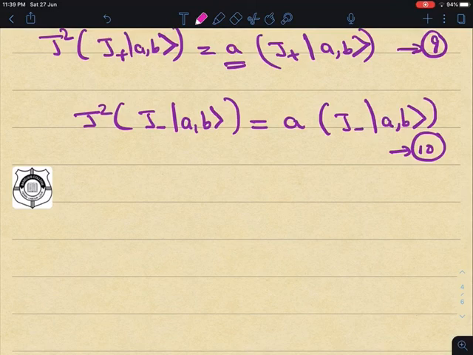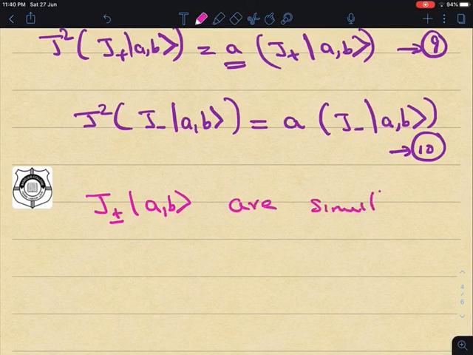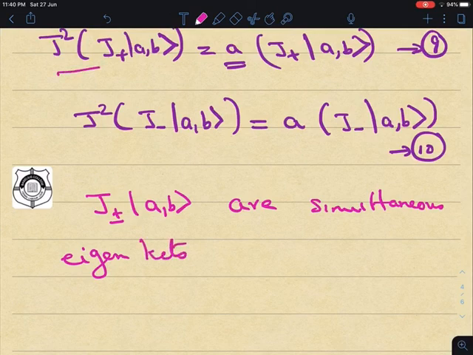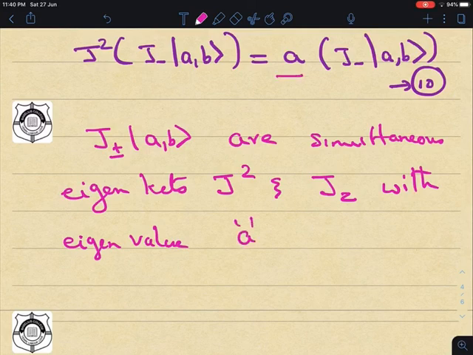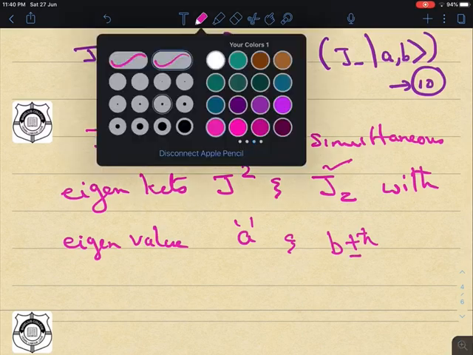To summarize, we can say that J plus or minus ket ab are simultaneous eigenkets of J square and Jz with eigenvalues: for J square it is only a, and for Jz, as you remember, it is b plus h cross for J plus, and b minus h cross for J minus.